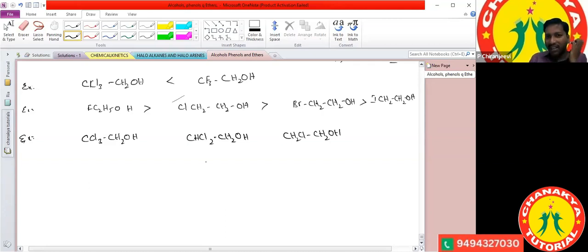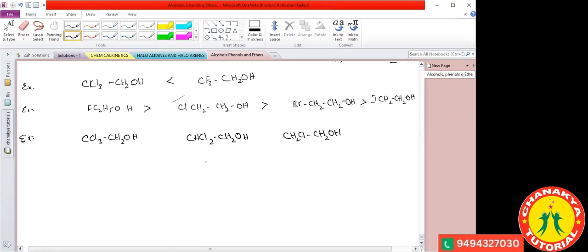Aditi, I had given three alcohols: trichloroethyl alcohol, dichloroethyl alcohol, and chloroethyl alcohol. Which one is more acidic in nature? Trichloroalcohol?